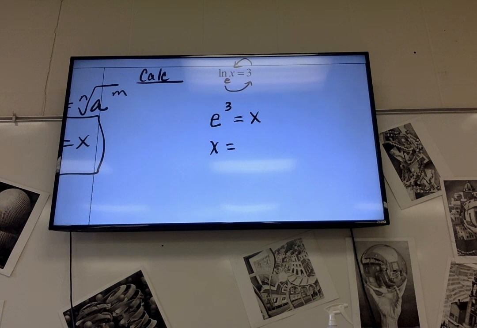It's in blue there. So you hit second, the ln button, and then type in 3. And we want 3 decimals. What'd you guys get? 20.086. Yep. If you did not get that, you need to come look at it.